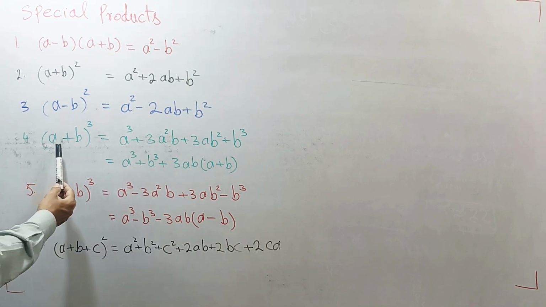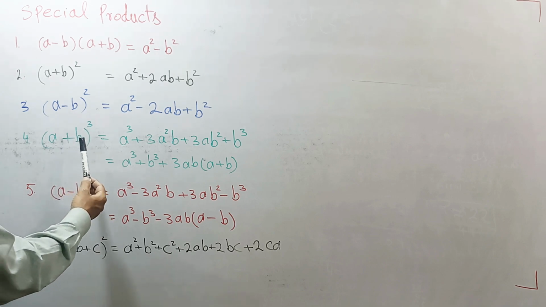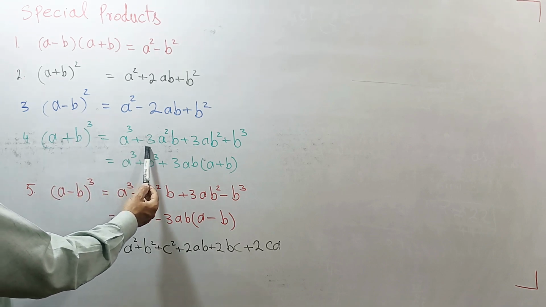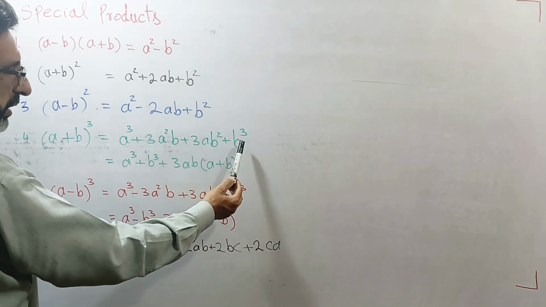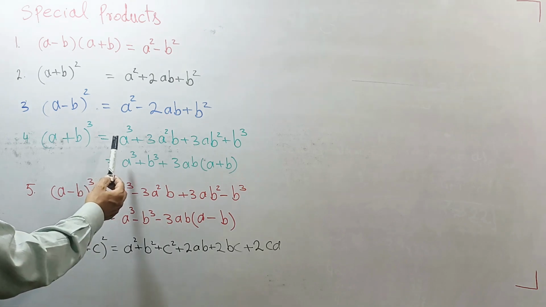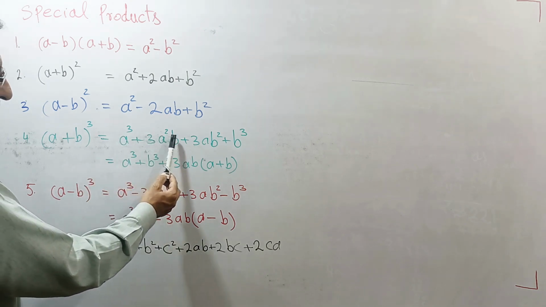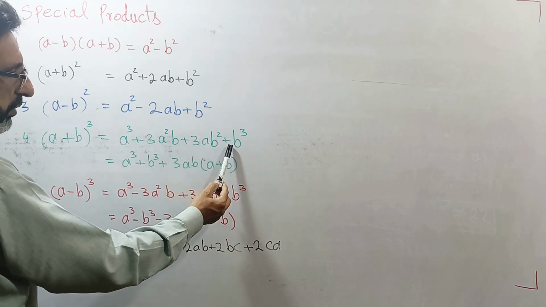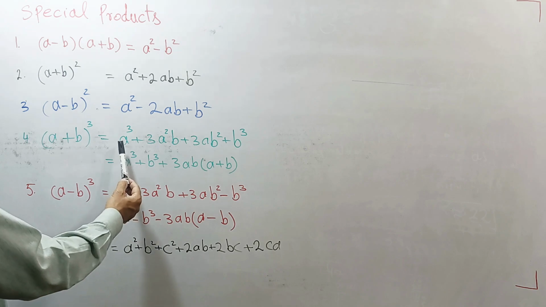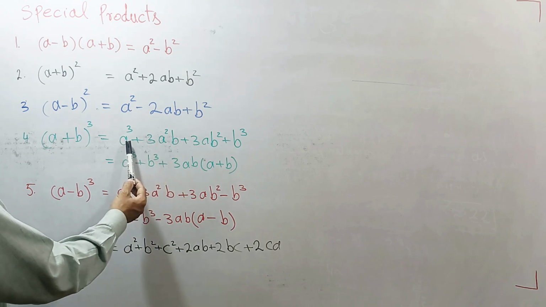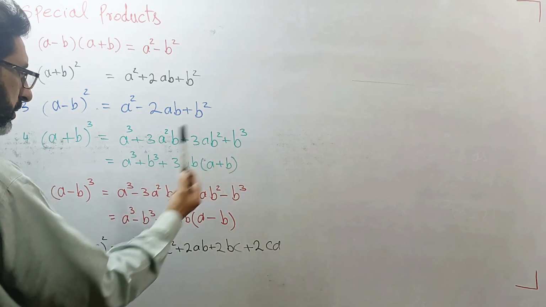And the fourth formula is (a + b)³. It is a³ + 3a²b + 3ab² + b³. The power of a decreases 1 by 1: a³, a², a, and here the power of a is 0, a⁰ = 1. And the power of b increases 1 by 1: b⁰, here b¹, b², b³.